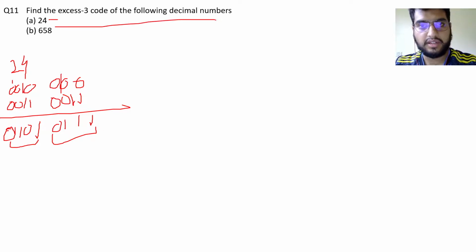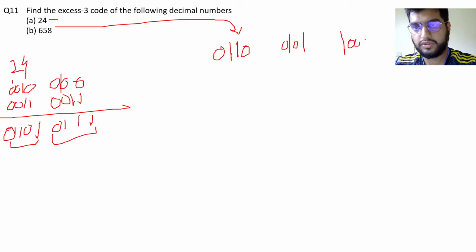Now we have another number, 658. 6 will be represented as 0110, 5 will be represented as 0101, and 8 will be represented as 1000.